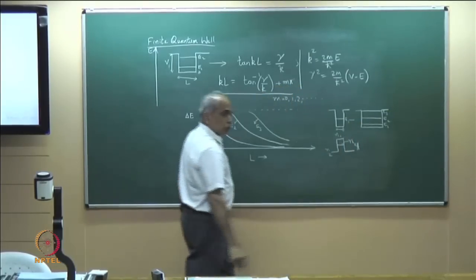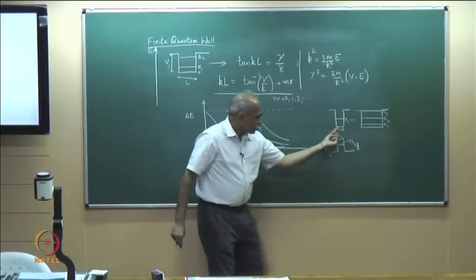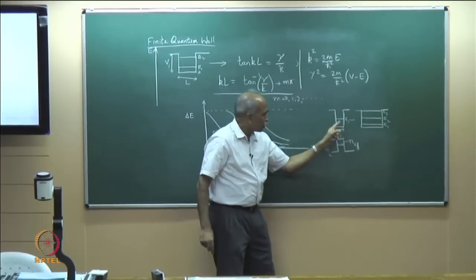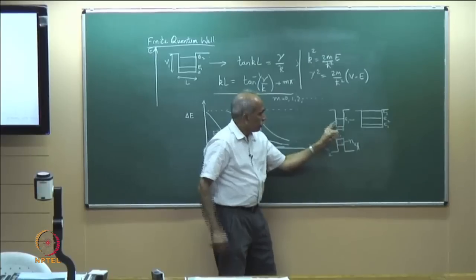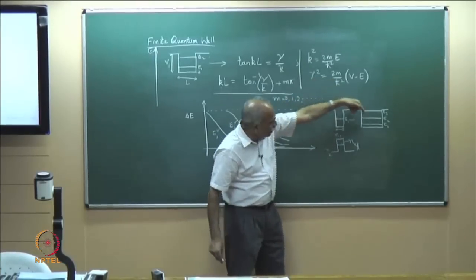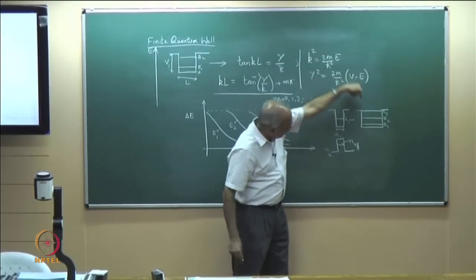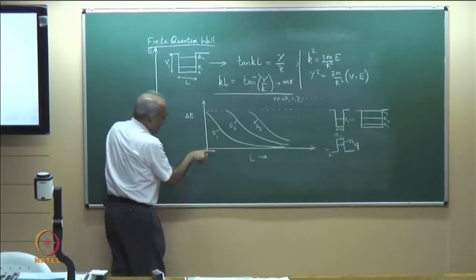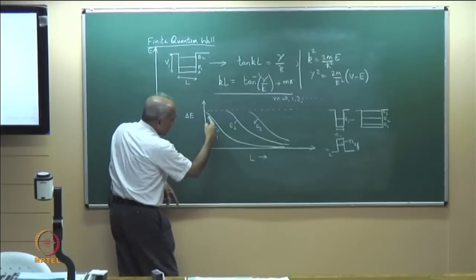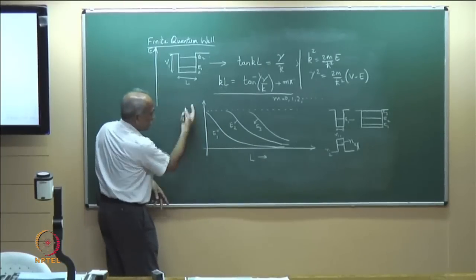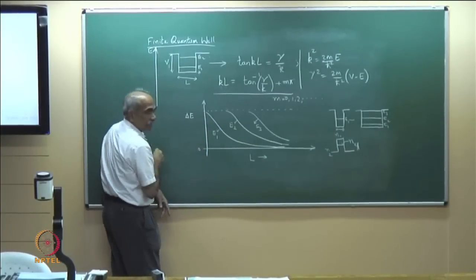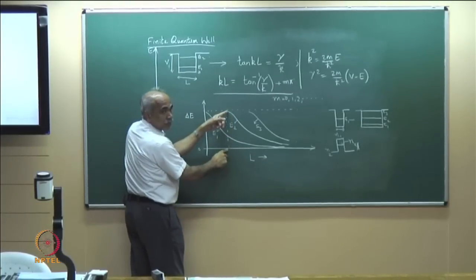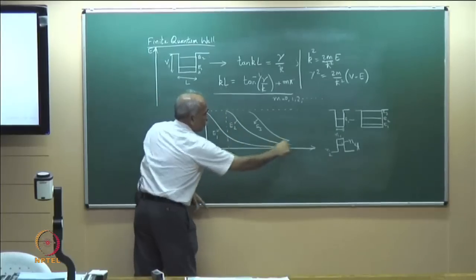What I have plotted is, as the width increases, E1 goes on dropping down, because from the top a new solution will come, E2, and similarly from the top a new solution will come, E3. As L increases, E1 is coming down. This is 0, this is delta E, and after some value of L, the second solution starts, and E2 varies like this.